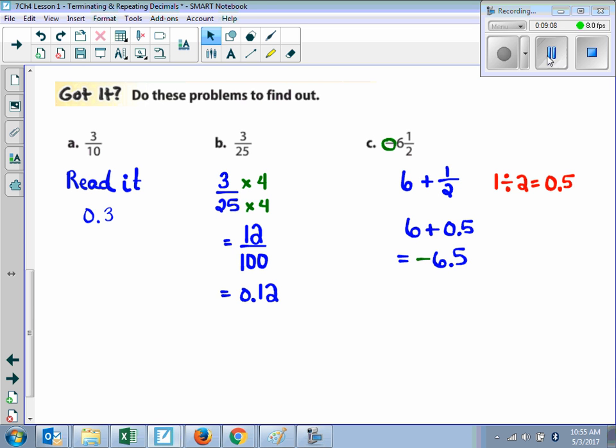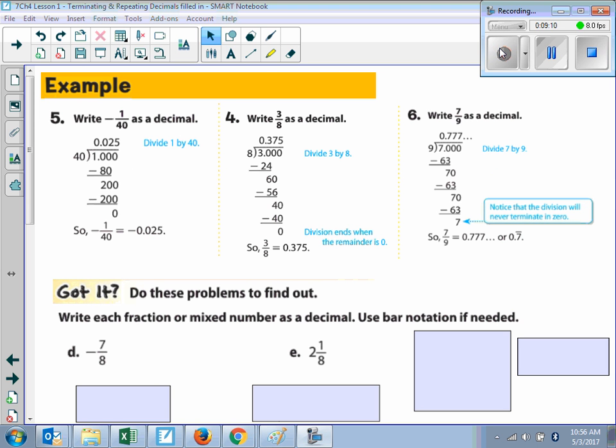All right, for the next examples, we're writing the fractions as decimals. Now these are fractions that we can't change to 100 as easily as we did the previous ones, right? So here, we're going to have to do some long division. So when we write the fractions as decimals, we're going to have to use long division, okay?